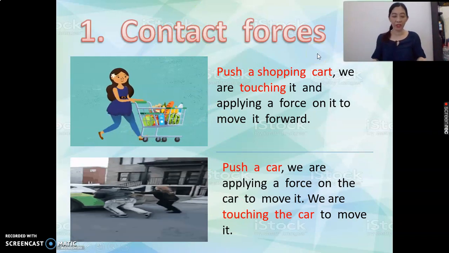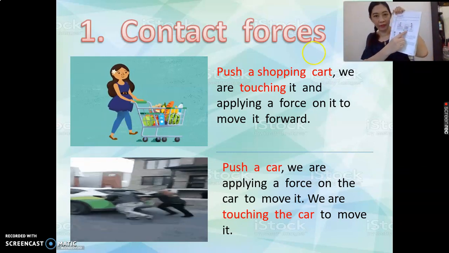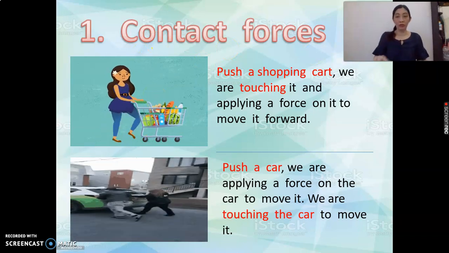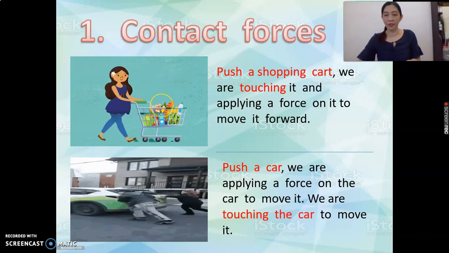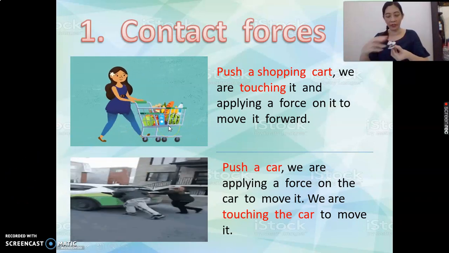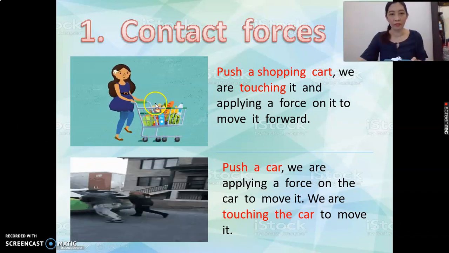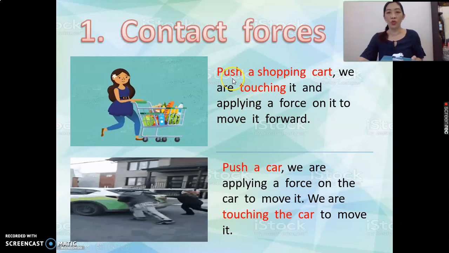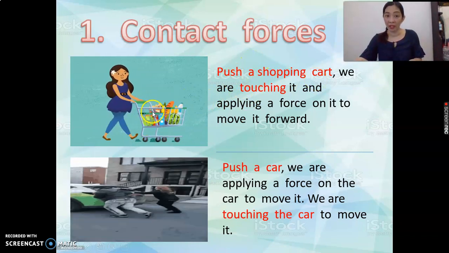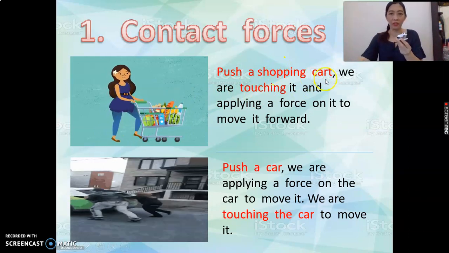Number one, imagine this is a shopping cart.